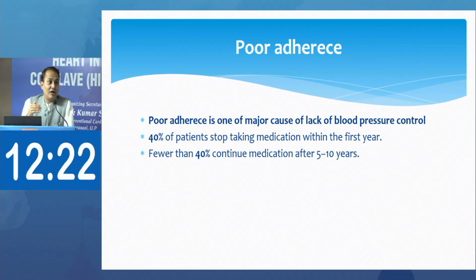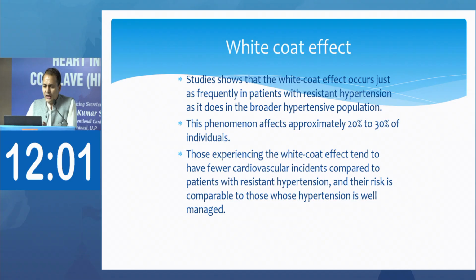It might be possible you have written him 40 mg of olmesartan, and he is taking a 20 mg olmesartan, because pharmacists also replace the medicines. So adherence is a very important thing, and if uncontrolled blood pressure is because of poor adherence, this is not resistant hypertension. And the white coat effect we have discussed, because of apprehension about visiting a clinic.